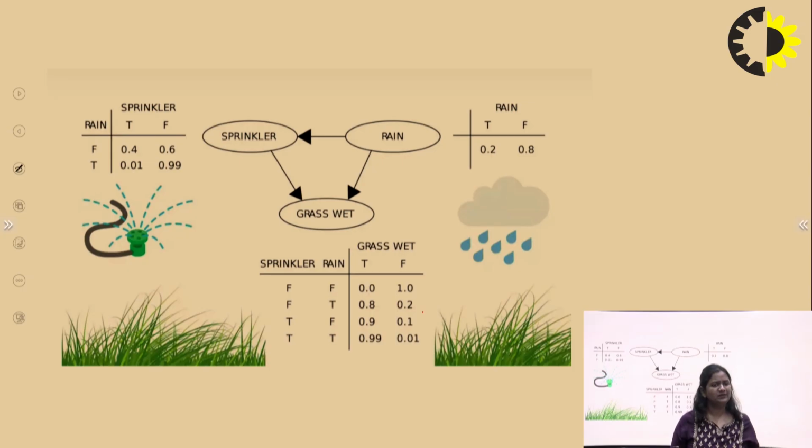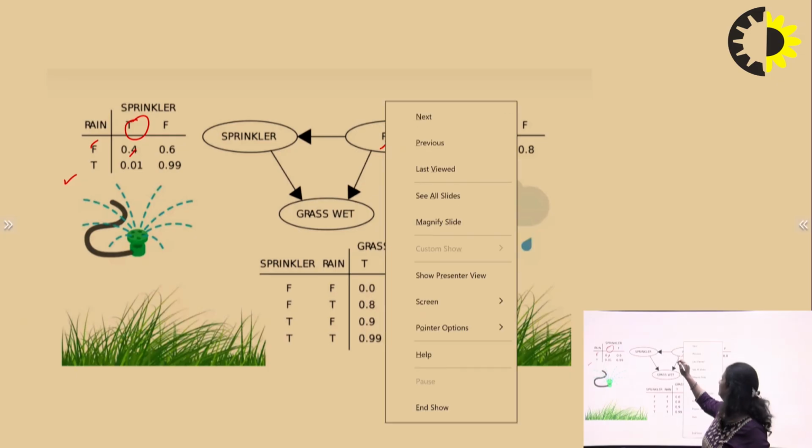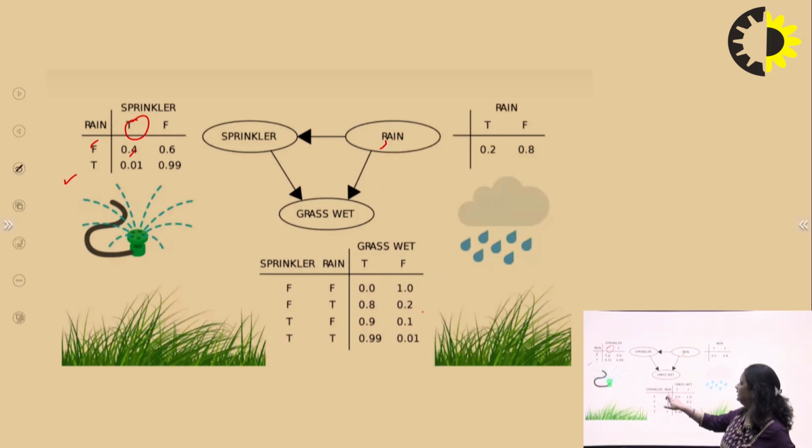If there are two variables, then there can be four combinations. If there is rain or there is not rain, false means there is no rain, true means there is rain, then what is the probability of sprinkler, true and false, because sprinkler depends upon rain and grass wet depends upon sprinkler and rain.